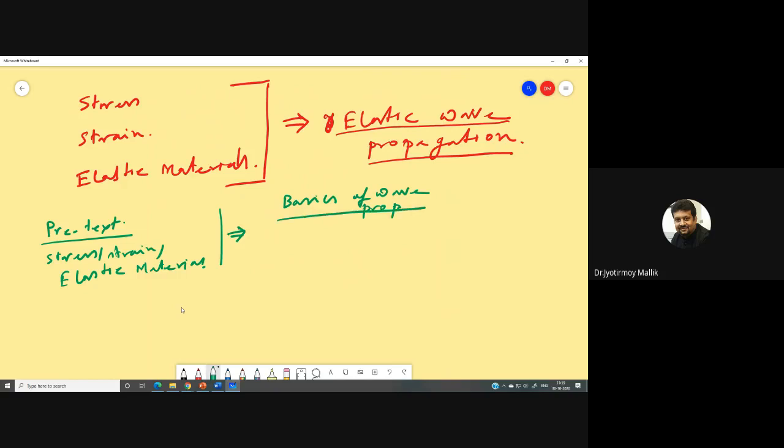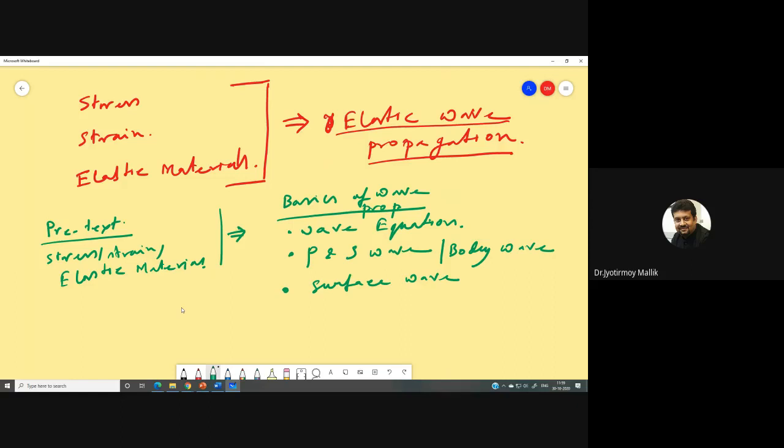In the basics of wave propagation, which we will start from next class, we will basically see wave equations, and then we will see how the wave equations vary for P and S waves. We will see there is something called surface wave. P wave and S wave together is called body wave. Okay, we will see why, how body waves are different from surface waves.